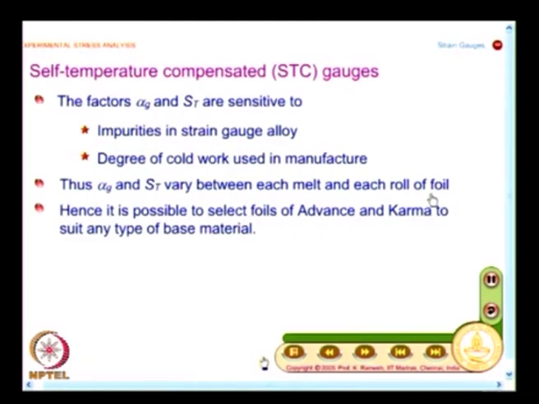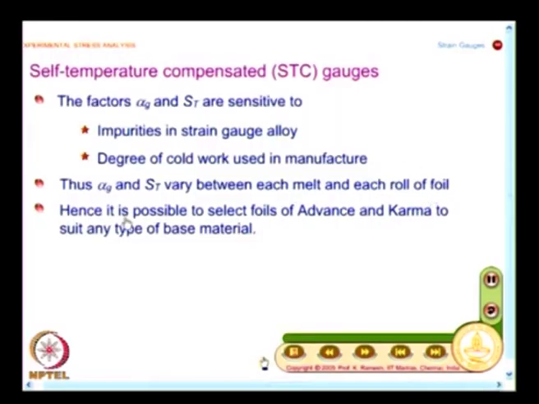So what you do is go through the metallurgical process, create the foil, then estimate the value of alpha g and St for that particular batch, and use it for making strain gauges for a particular base material. This is the physics behind it.